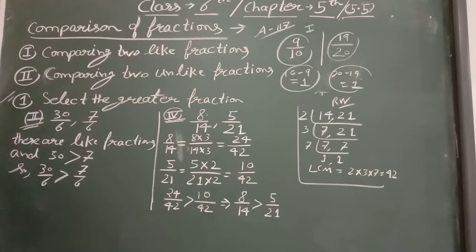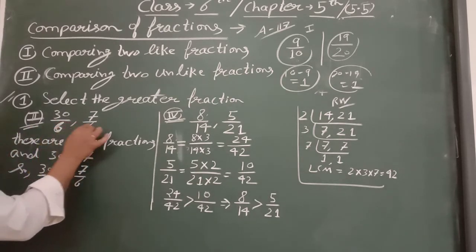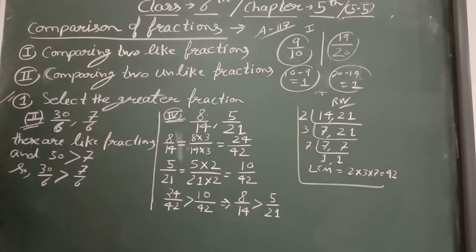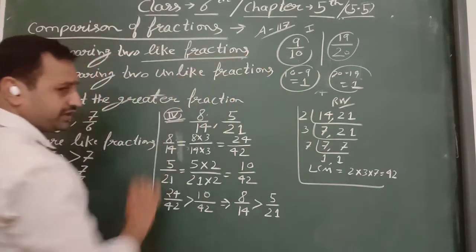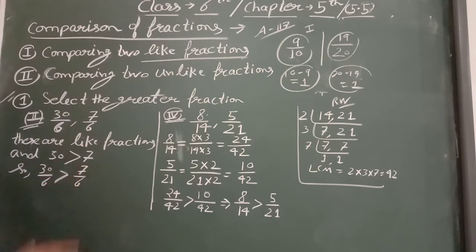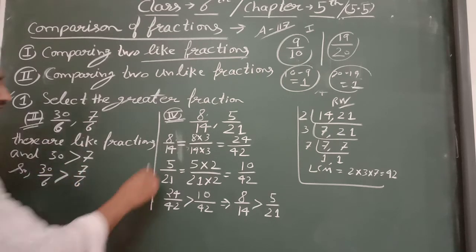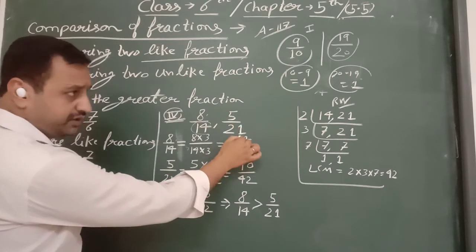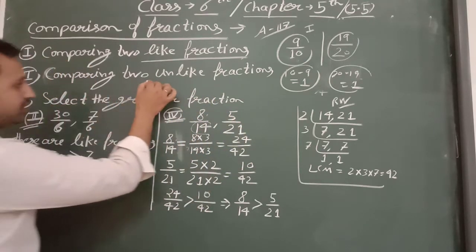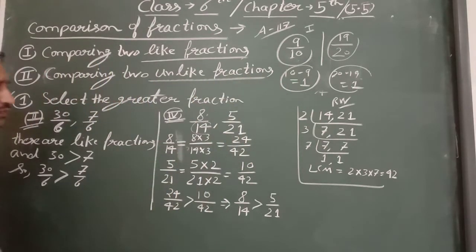In the second part, the first fraction is 30 by 6 and the second is 7 by 6. We can say that the denominators of both fractions are the same. So these are like fractions. So in the second part we compare two like fractions, but in the fourth part the denominators are different. So these are unlike fractions. So in the fourth part we compare two unlike fractions.